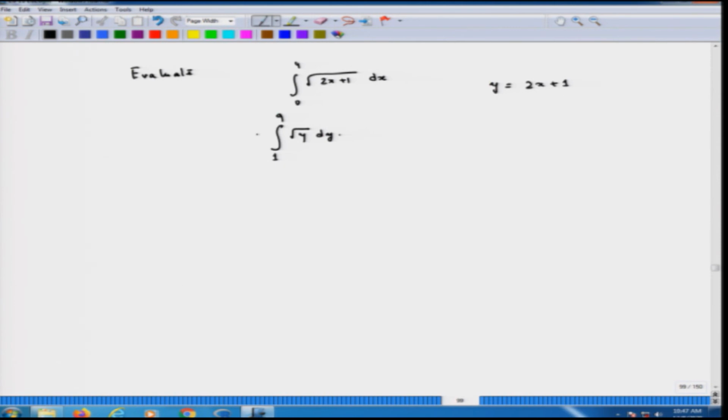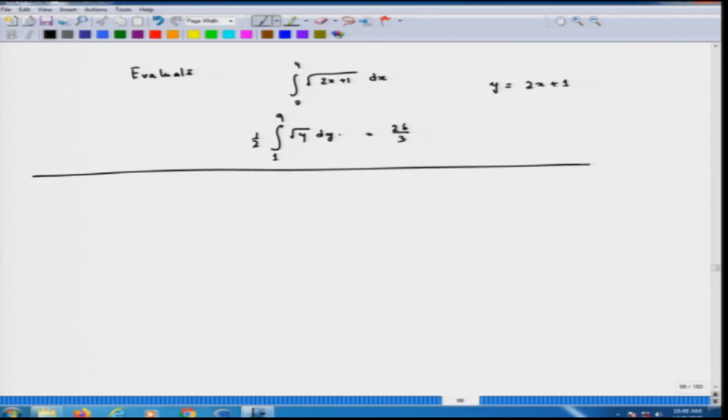So, then this is 1 by 2 times dy. And so, we know very easily how to compute this. Now, if you compute, this is what you are going to get: 26 upon 3.